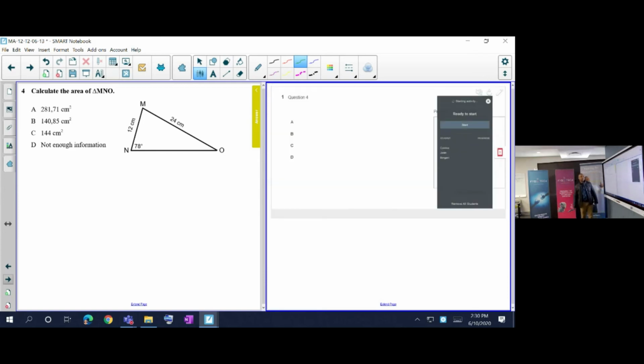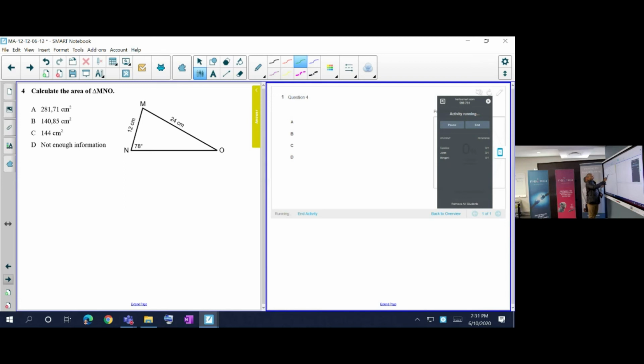So on your devices, you can see question number 4. Here's the question: calculate the area of triangle MNO. And you can see the diagram. On the diagram, we have this length given, that length is given. We don't have this longer length.